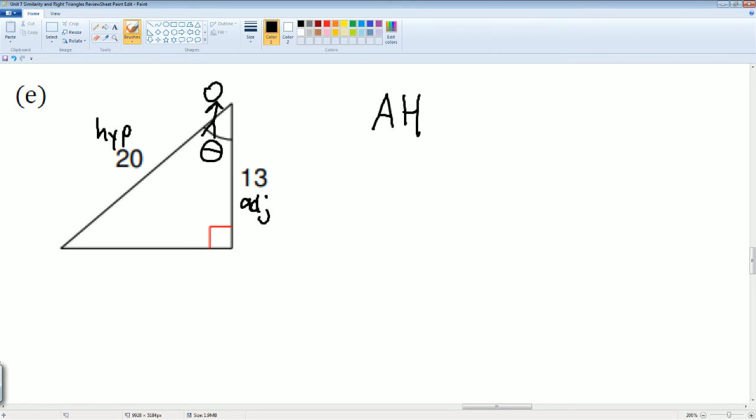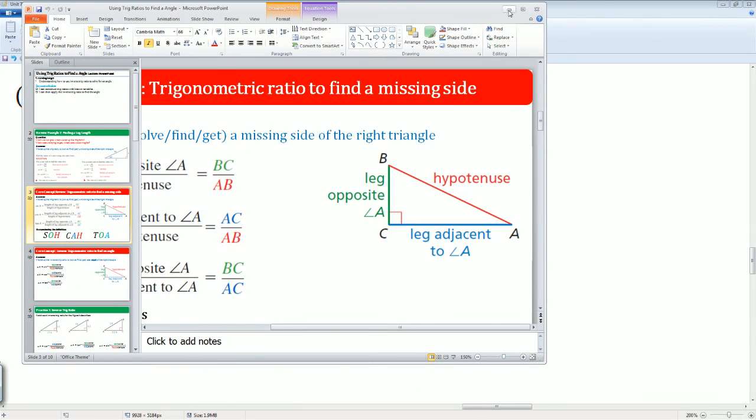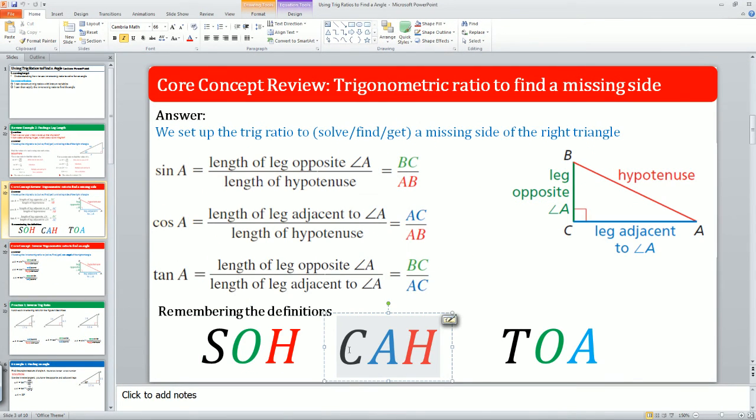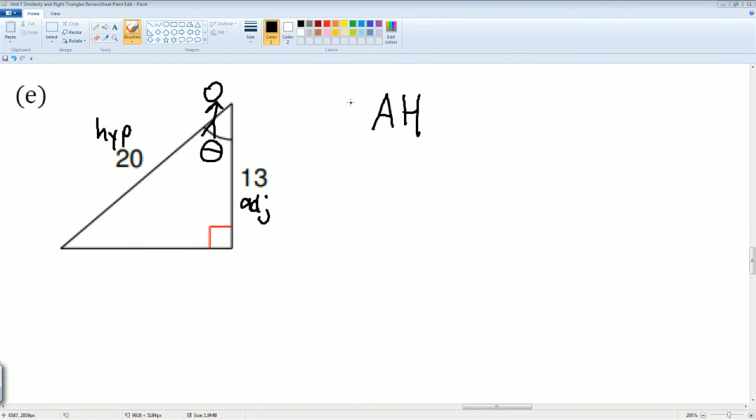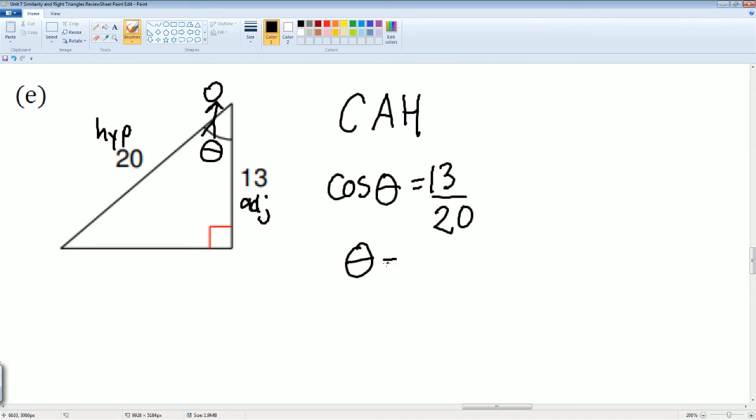We look at our notes. A and H is for cosine, CAH. So I write cosine of theta is equal to adjacent, which is 13, divided by the hypotenuse, which is 20. Trying to get theta alone, so I do theta is equal to cosine inverse of 13 over 20.